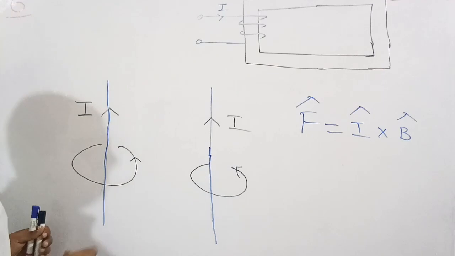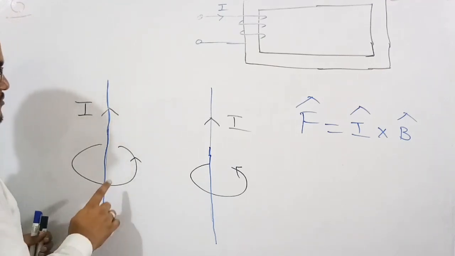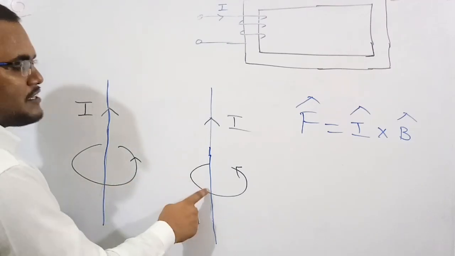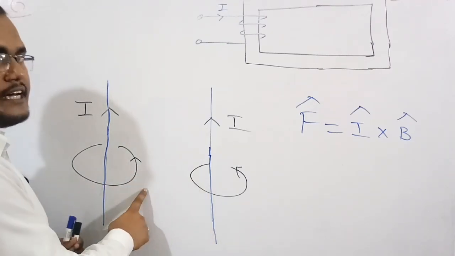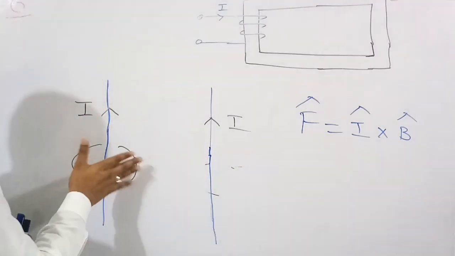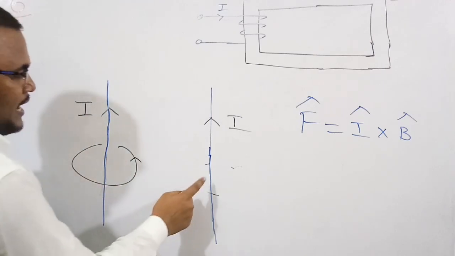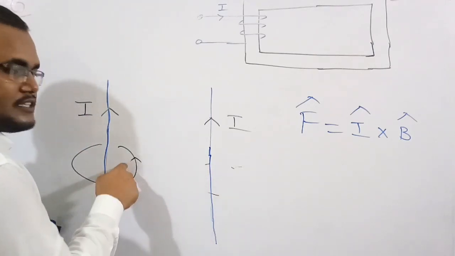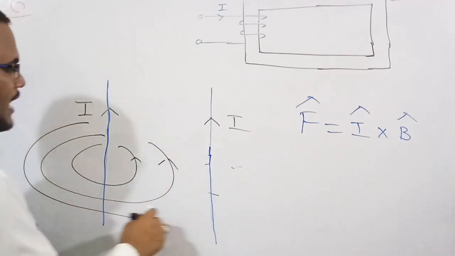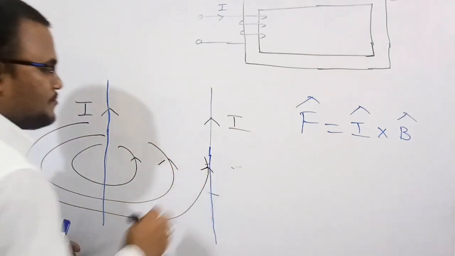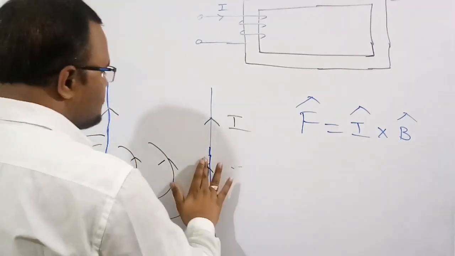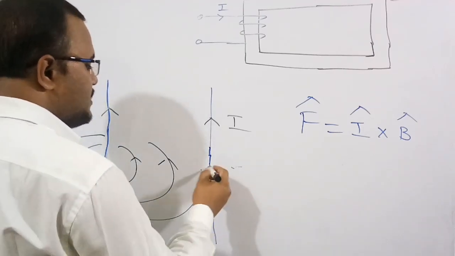Now what I am going to do is this: because of the current in this wire, there will be a magnetic field on this wire. So what will be the direction of the magnetic field here? It will be downward, right? From here it is going up and it is going to come inside, because the arrow is inside. So at this point the magnetic field will be inside.